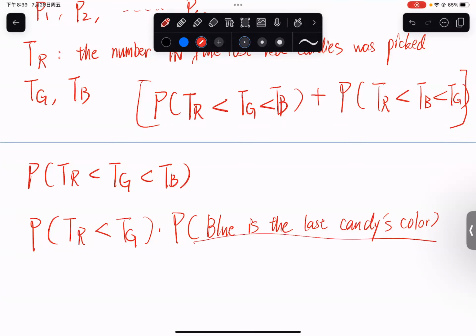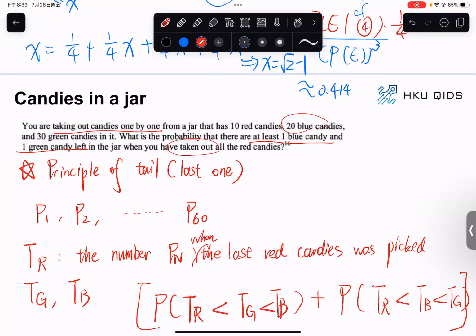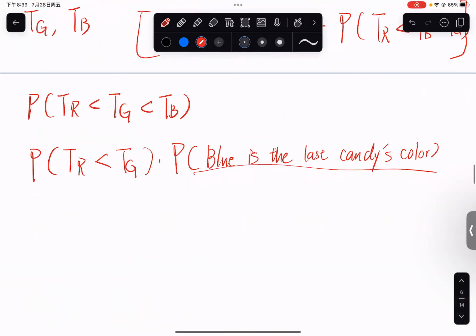Since any candy can be the last one to be picked with equal probability, and there are 20 blue candies out of 60, this probability is just 20 over 60. And now for this one, within the previous candies, we want the green to be the last one. So how likely is it that the last candy is going to be a green one?